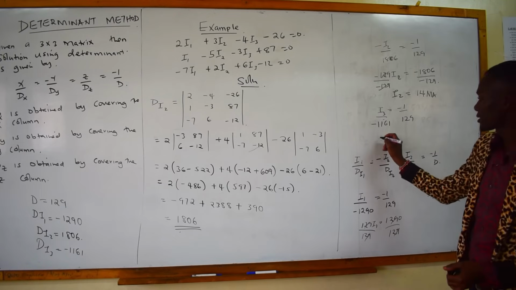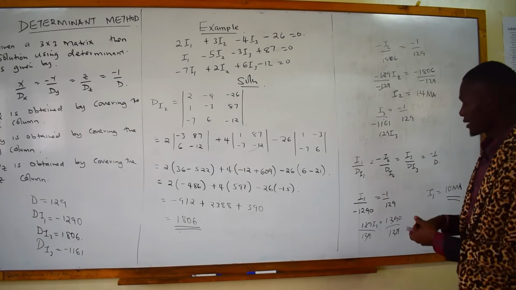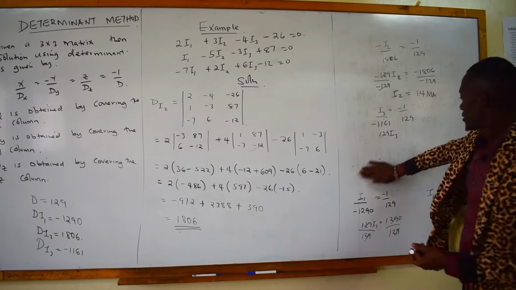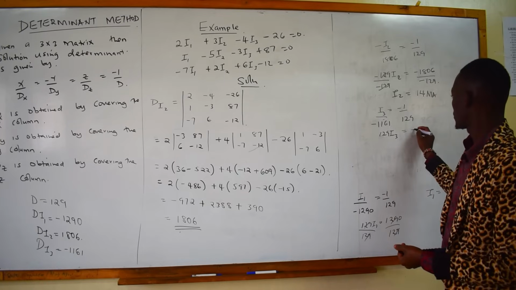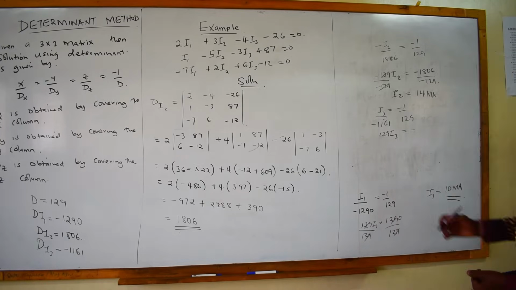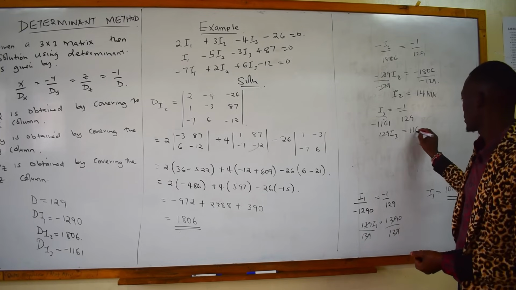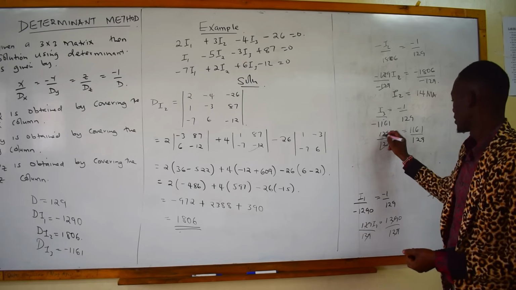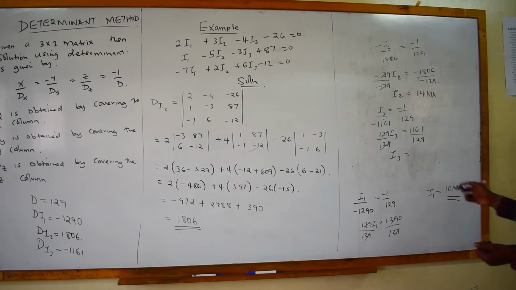Cross multiplying this, you get 129 I3 equals to, so then negative of that gives you a positive. So negative and a negative becomes positive, so it gives you 1161. So divide by 129. So our value for I3, 1161 divided by 129, gives us 9.